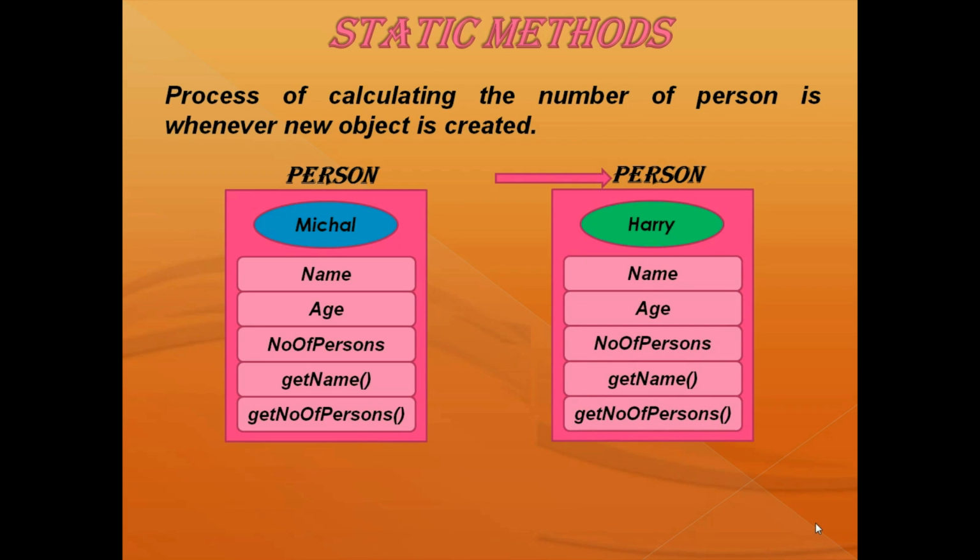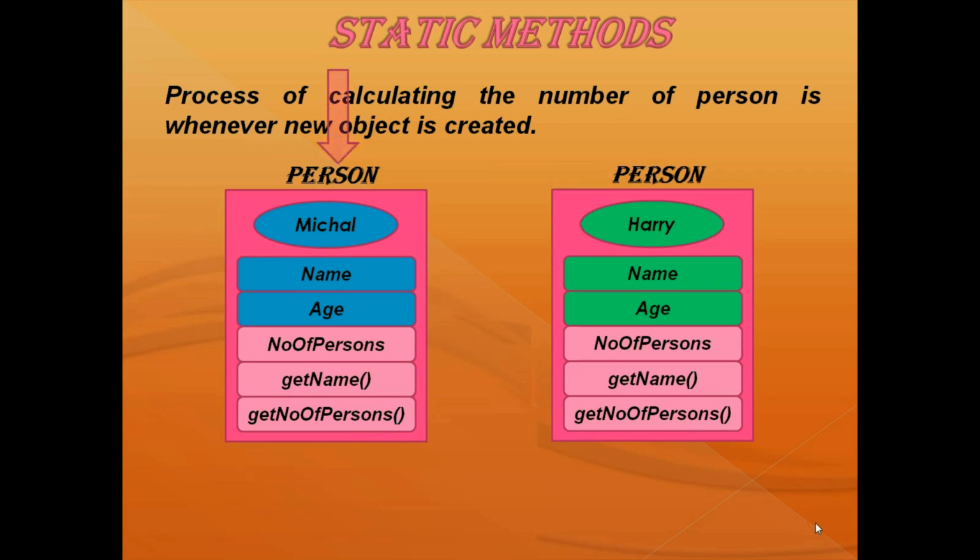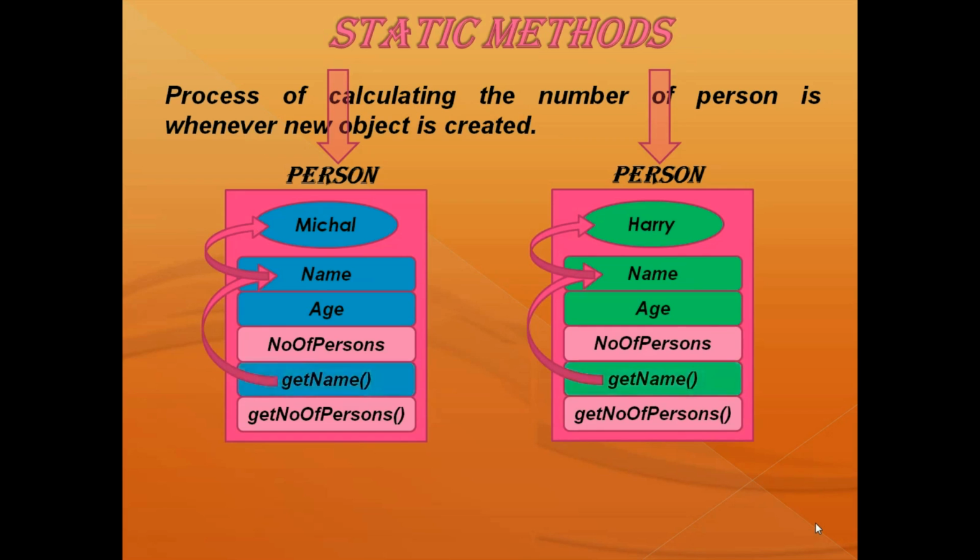Now take a look carefully. Here the string name and integer age will be different for this person Michael and for this person Harry. This person's name can be Michael and that person's name can be Harry, right? In the same way their age will also differ, and the getName method will also return depending on the name of the person.